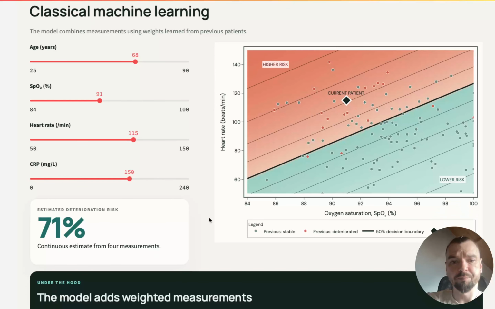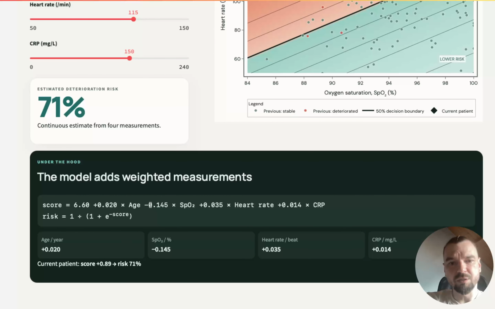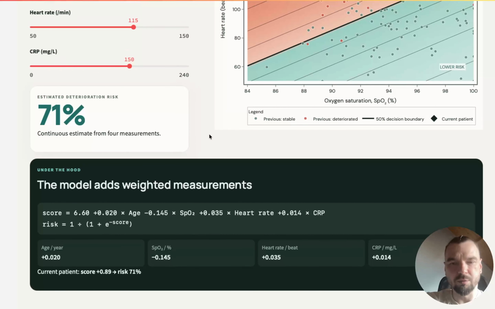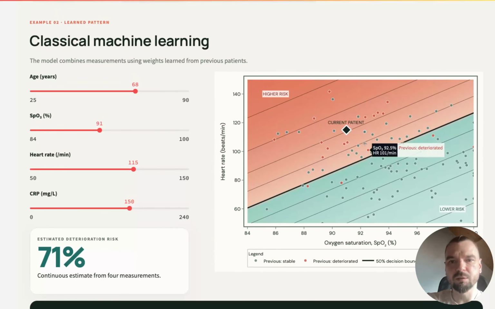Based on this information, it created these weights, these coefficients for the features, in a way that the model will be right more often than wrong on retrospective data. I hope it's a little bit more clear now. If not, let's see further.